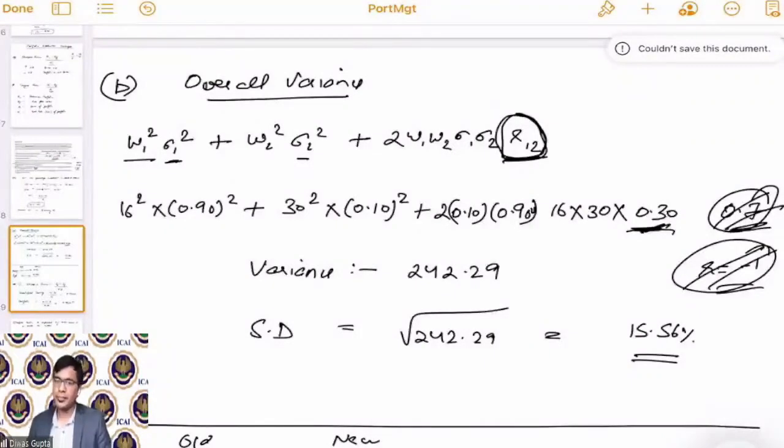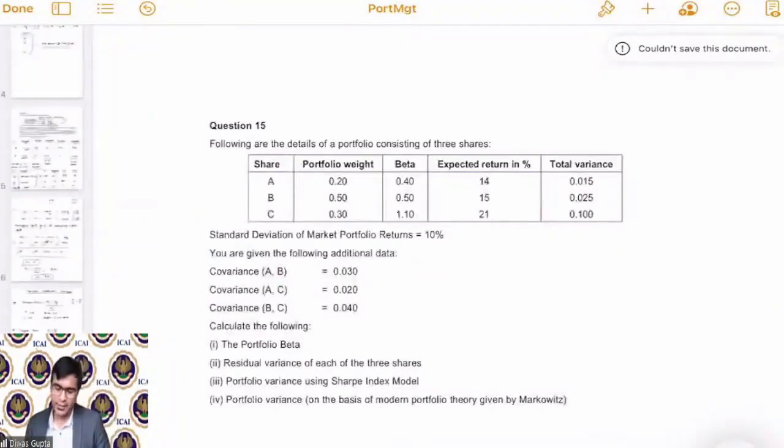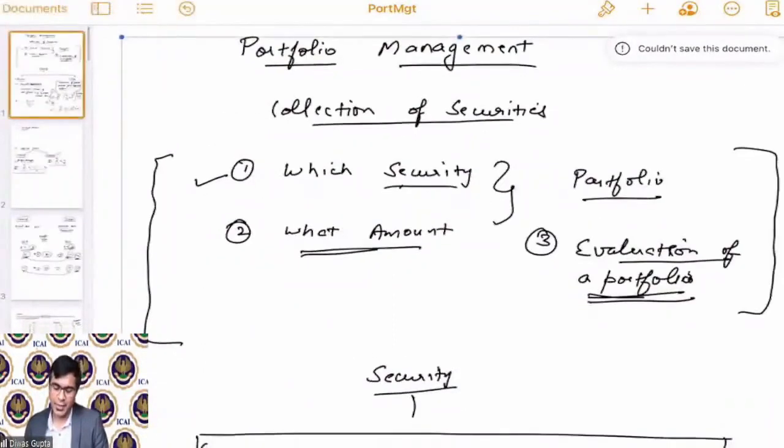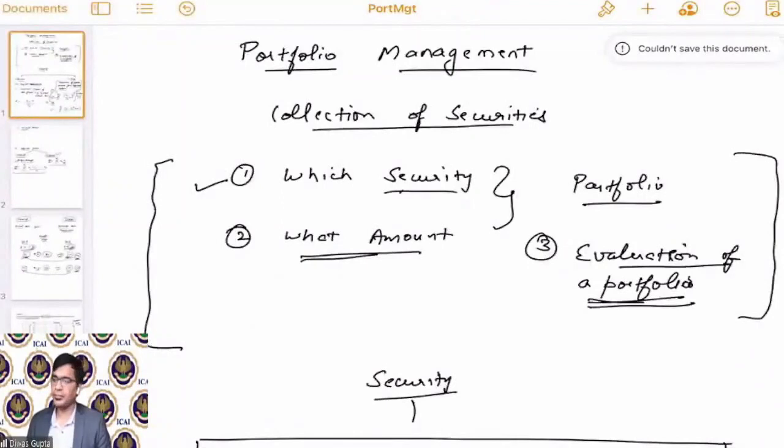Now, the next question will take a lot of time to be solved, so let us take some 5 minutes to revise the entire concepts and then we can wrap it up. We'll start with portfolio management, in which we said there are 3 questions that we try to see.